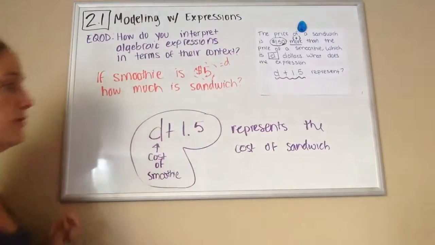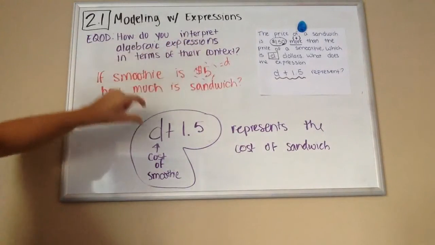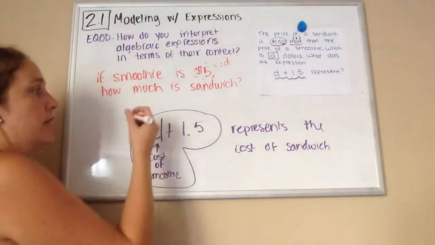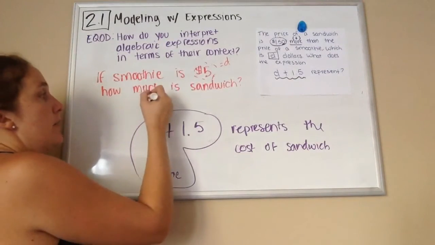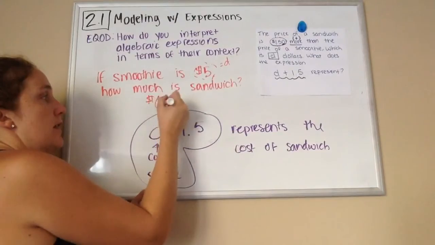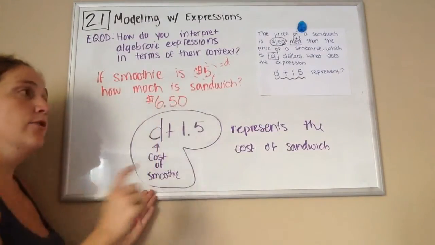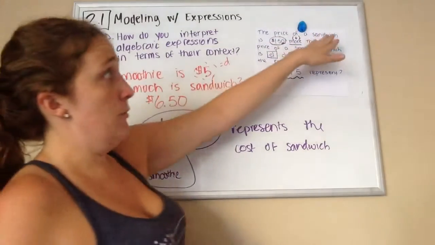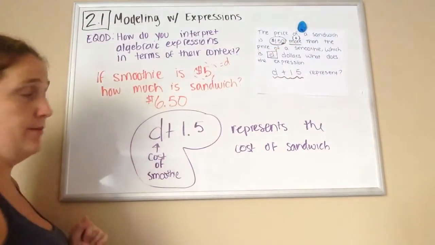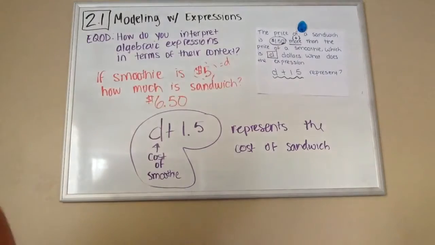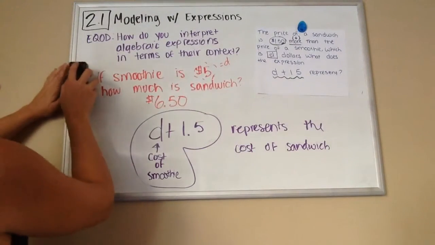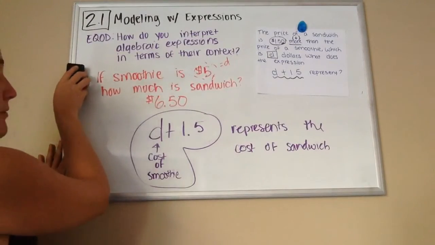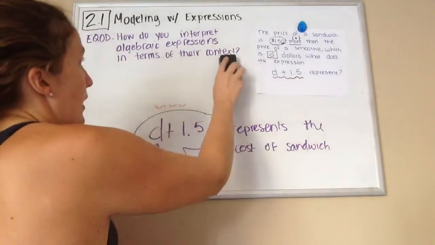That's equal to my variable D. So we're going to take that $5, plug it in right here, and we get 5 plus 1.5, or 5 plus 1.50. Well, the sandwich is just going to be $6.50, which matches up with our original problem that said the sandwich is $1.50 more than the smoothie. Awesome. Okay, erasing this. If you still need it, just pause the video. But I'm going to go ahead and erase this. We're going to move on to our next example.